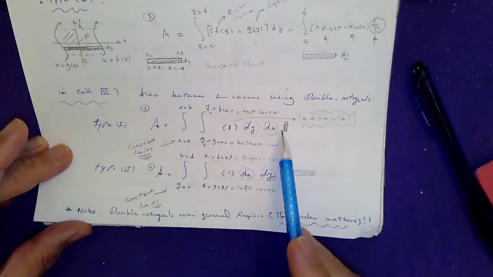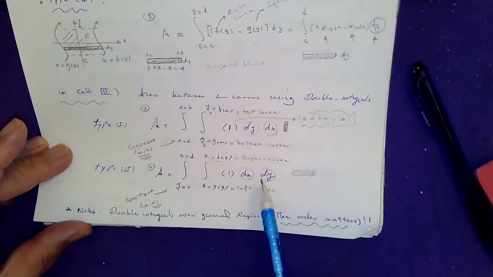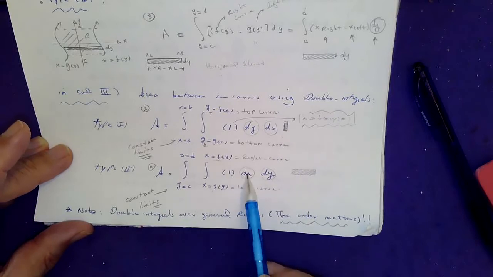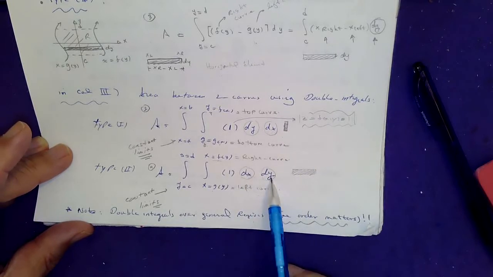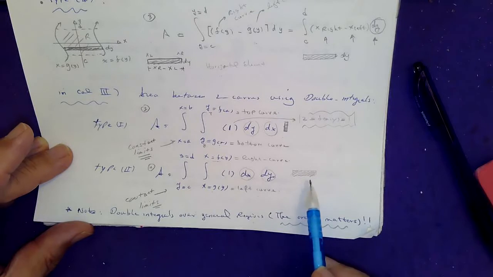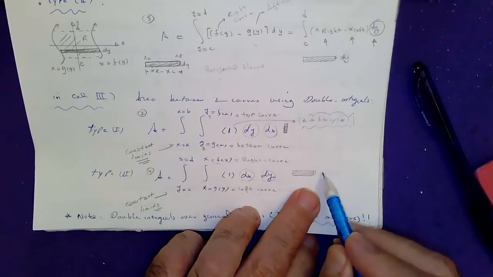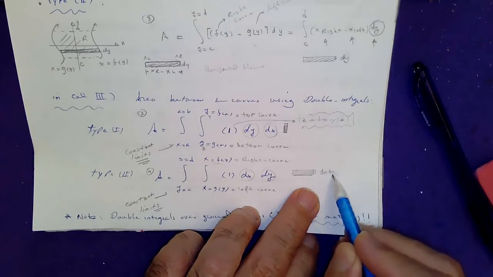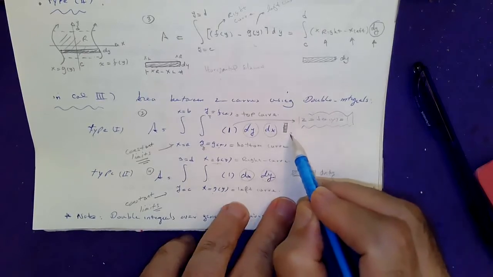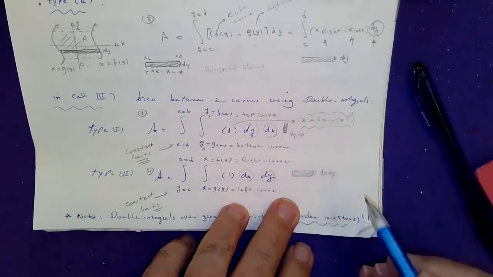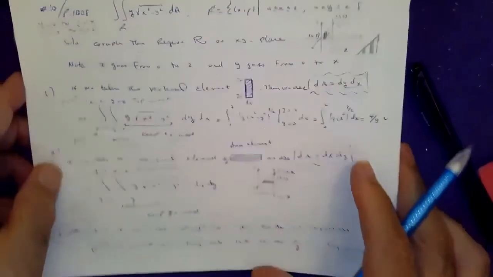That means you're taking the element vertically. Are you taking the integral with respect to x and then y? Then you're taking the rectangular element horizontally. So this one goes for a dx dy kind of problem, and this one goes for a dy dx kind of problem. Keep that in mind because it's super important. The order is important.